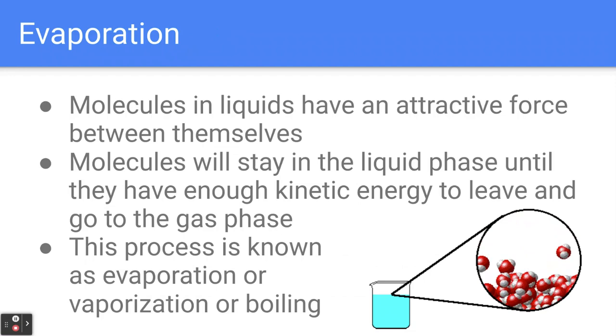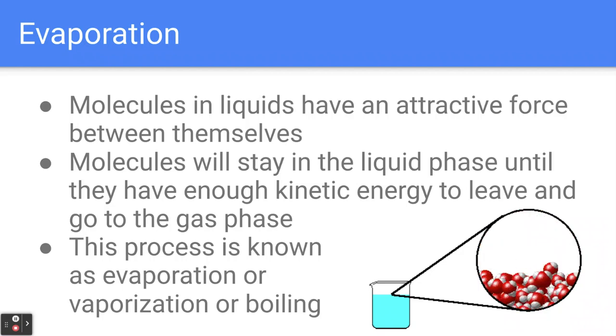Evaporation is sometimes also called vaporization or boiling. And evaporation happens when liquid molecules have enough energy to leave the liquid phase into the gas phase. And so if we leave a substance out in an open container long enough, eventually your volume is going to disappear.